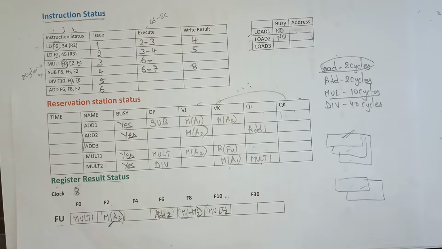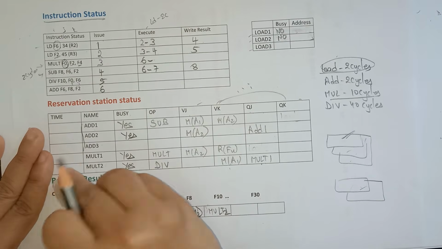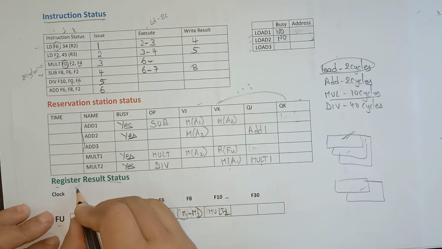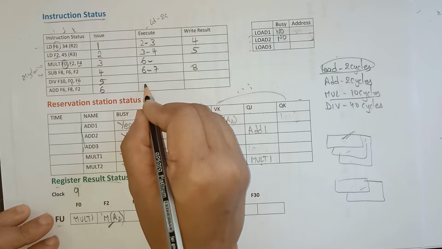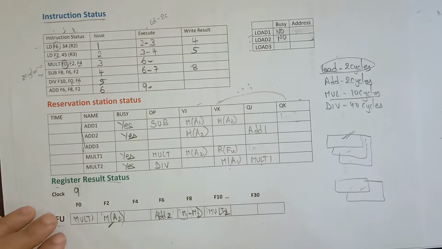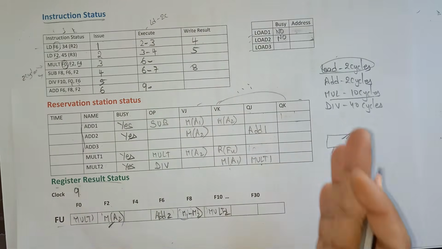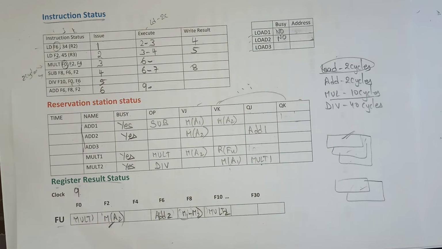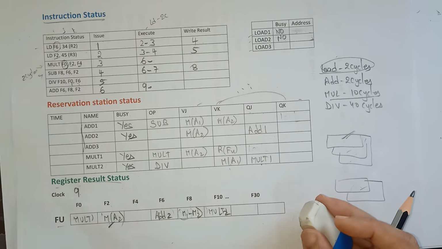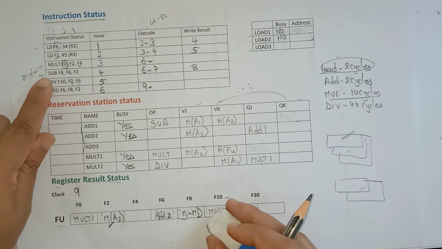Now let's go to the 9th clock cycle. In the 9th clock cycle, this will start its execution but not yet complete, because the adder takes 2 clock cycles. So everything will be the same. This adder 1 is completed, right?